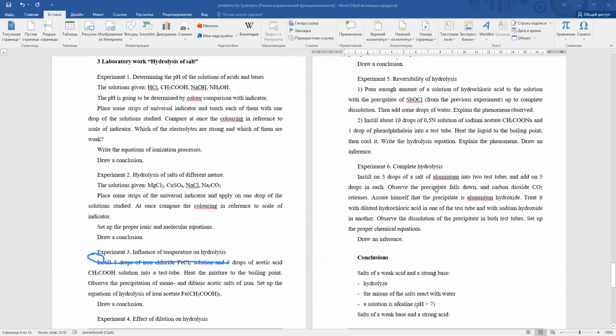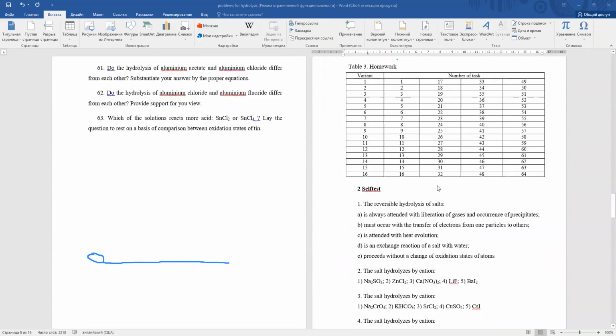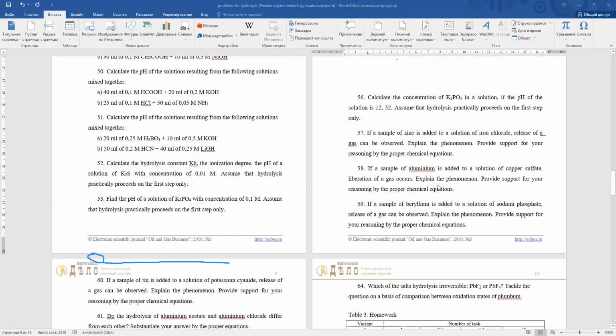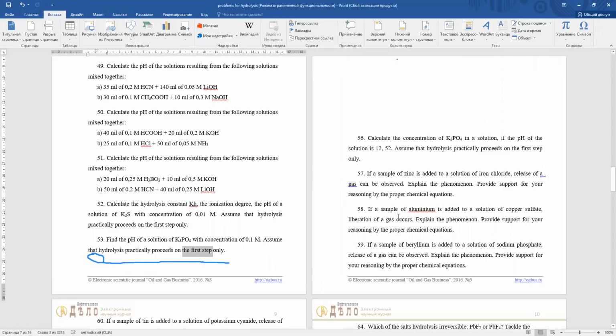So, conclusions. Find the conclusion, assuming you handle the first step. Here, as you can see, the first step only. Calculate.